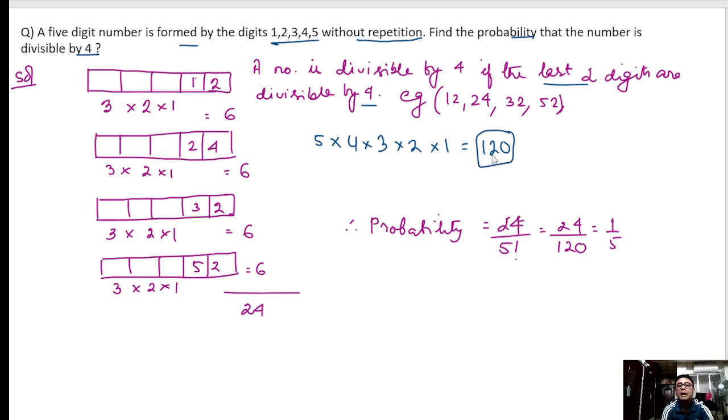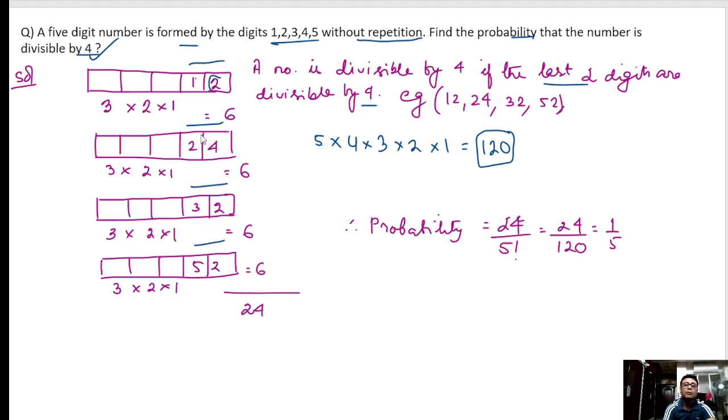Out of this, how many will be divisible by 4? For the divisibility rule of 4, the last 2 digits should form a number which is divisible by 4. That means the last 2 digits should be either 12 or 24 or 32 or 52.